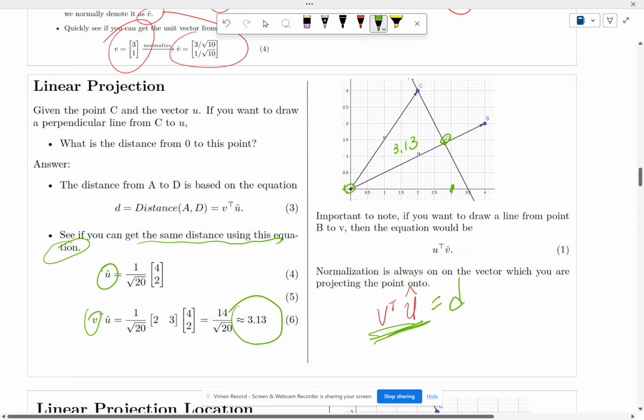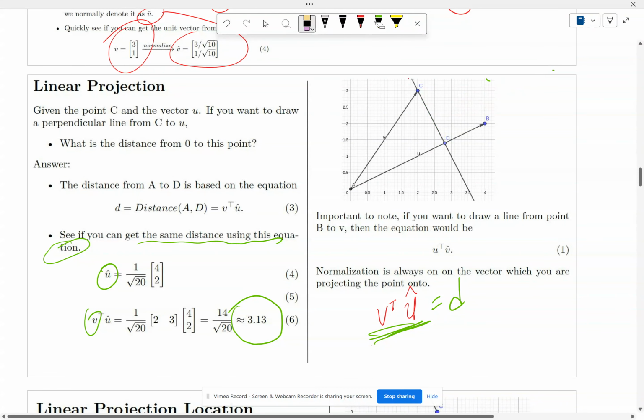Now if we look at this number, which is 3, right? 3.13 for the distance here to here makes sense. So this is how you calculate the distance when you are drawing a line from a point of a vector onto another one. The process of doing this is called projection.